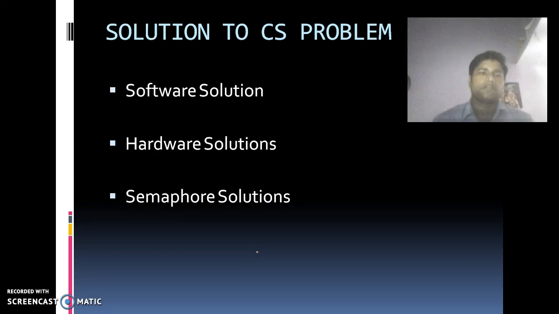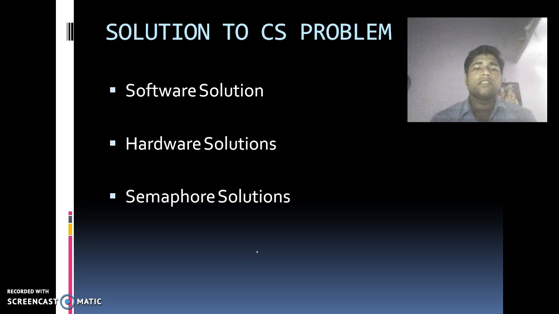Now, solutions. What are the solutions? First solution is a software solution. It means the algorithmic way of solving the critical section problem. We design some algorithmic procedure and we will solve it. Hardware solution: we make the processor such that it will access the critical section atomically, or all the criteria which I have discussed earlier should be fulfilled by the hardware itself.